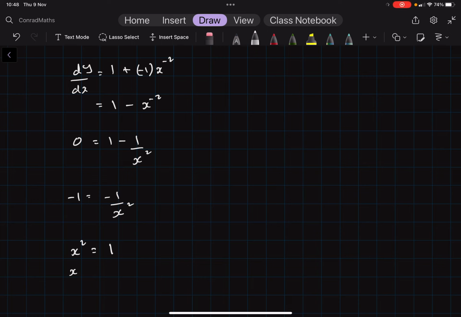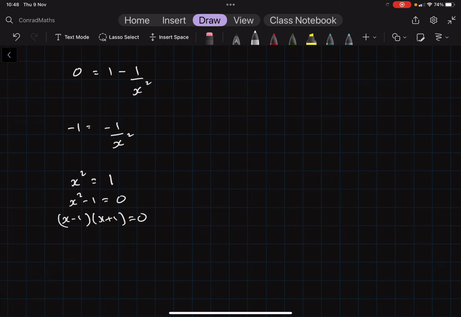We could solve it like that. I'm actually going to use a difference of 2 squares, so that can now be factorized. And that tells us that there are turning points when x equals 1 and x equals negative 1.